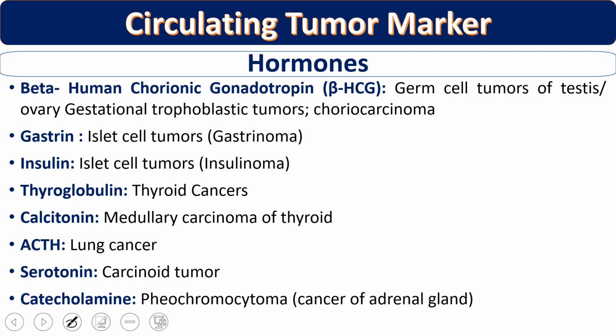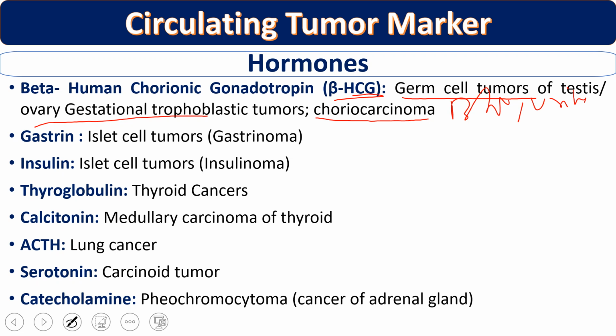It helps in the implantation of the fetus, but it increases in case of choriocarcinoma specifically. It also increases in germ cell tumors of testis, ovary, and gestational trophoblastic tumors, but mainly choriocarcinoma. To detect beta HCG, since it is released into the urine, you can go for either a blood sample or a urine sample. It can be detected in both.